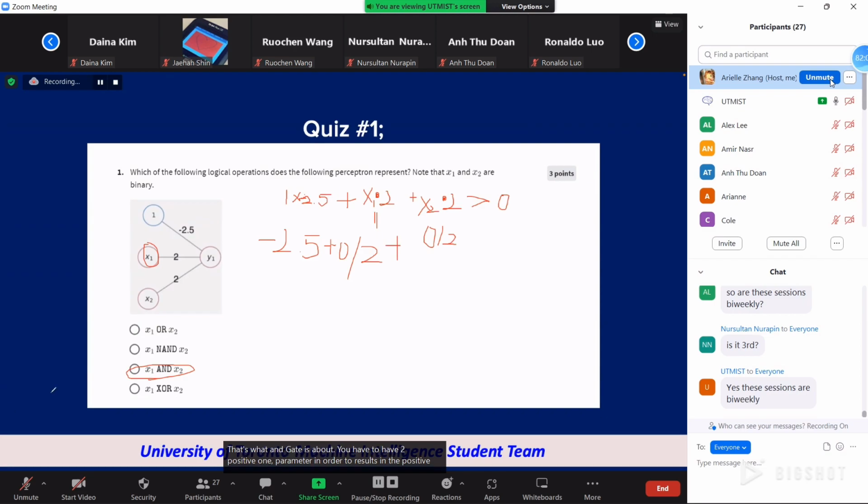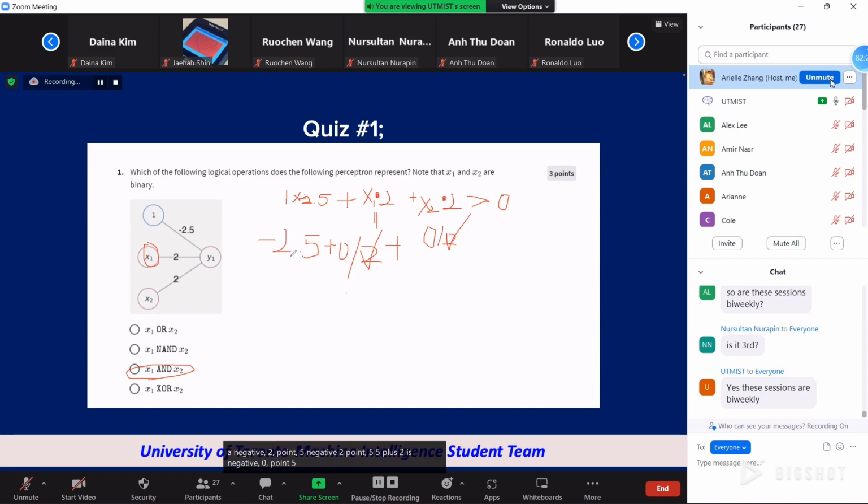And that's exactly what this logic expression is about. We have to have a 2 here, and we have to have a 2 over here. That means x1 and x2 have to both be 1 in order for this whole expression to be larger than 0, because this is a negative 2.5. Negative 2.5 plus 2 is negative 0.5.